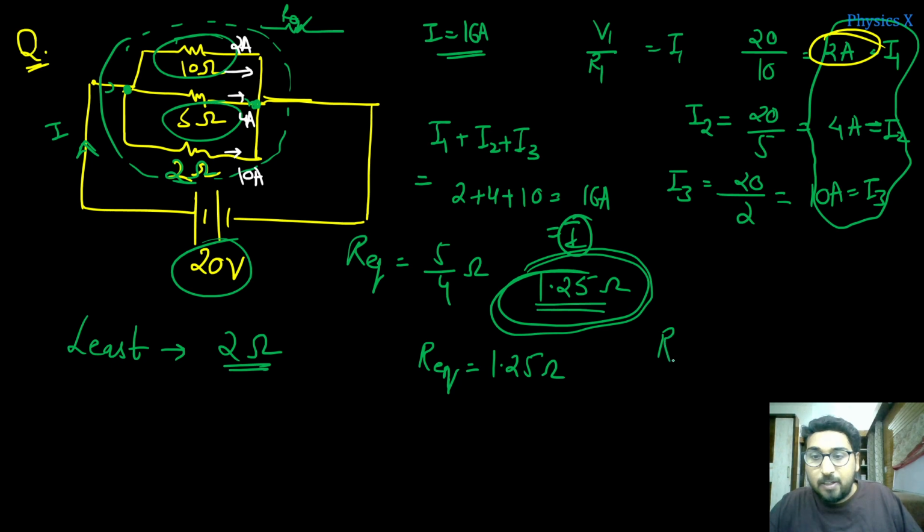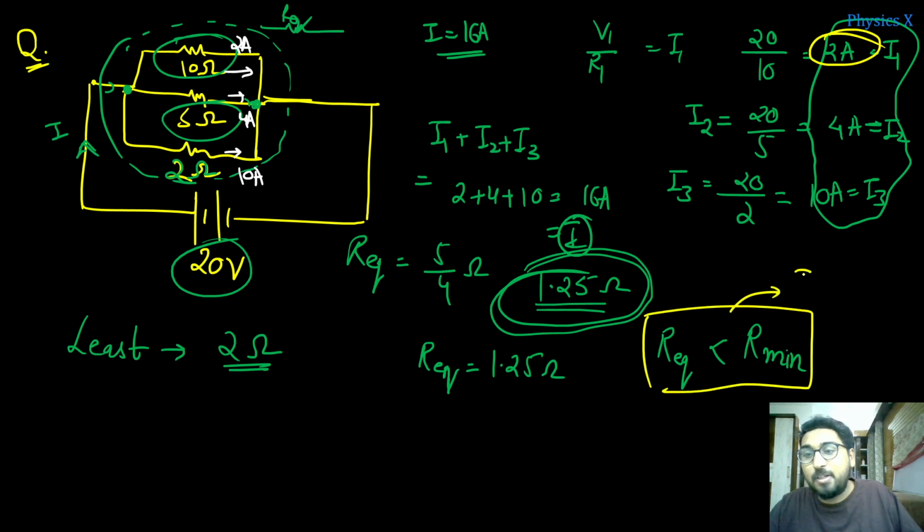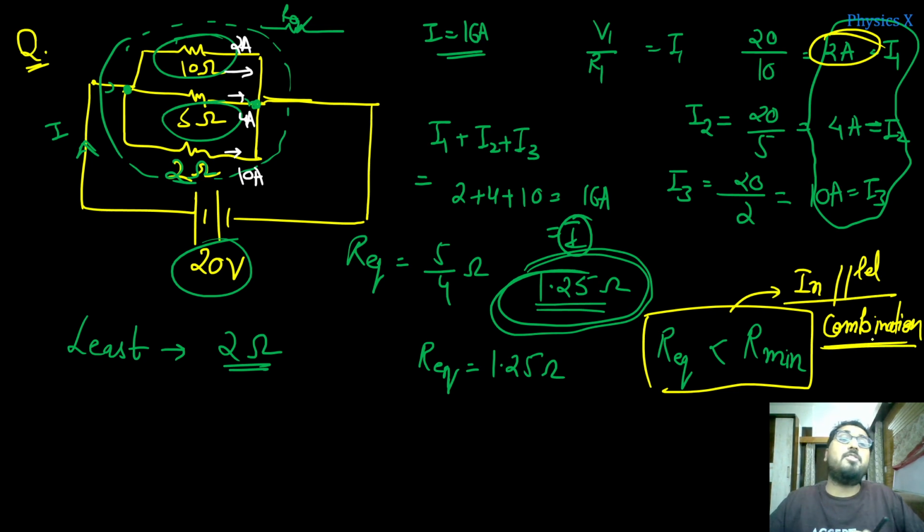So you can see that R equivalent is less than R minimum. So this is another important feature of a parallel combination. Let me mark parallel combination like this. So you can see what happens in a parallel combination: if you keep on increasing the number of resistors, what will be the value of equivalent resistance?